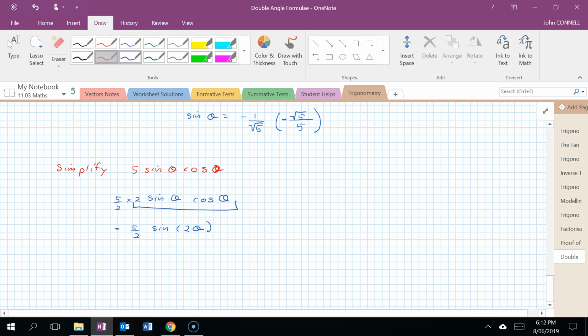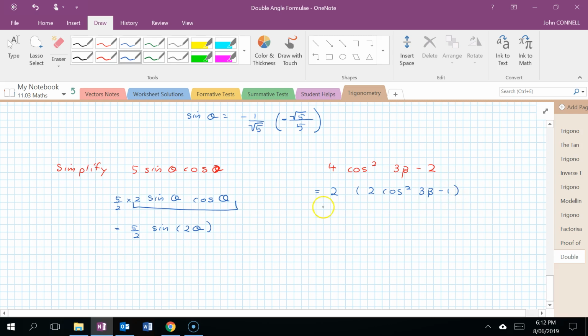The other one we could look at simplifying is 4 cos squared 3 beta take 2. Now this doesn't quite look like any of the forms we've got, but we know that 2 cos squared theta take 1 is cos 2 theta. So I can take out a common factor of 2 here, leaving me with 2 times 2 cos squared 3 beta take 1.